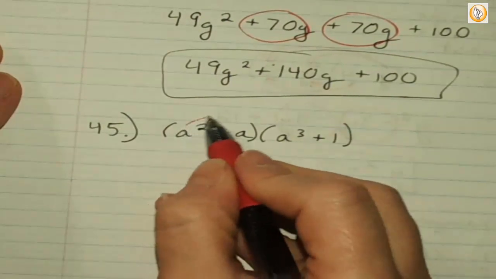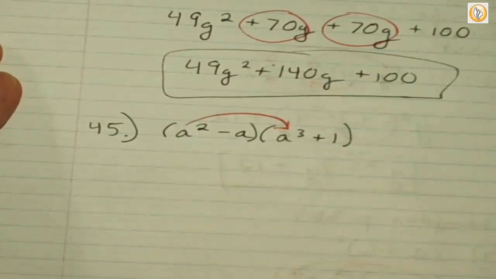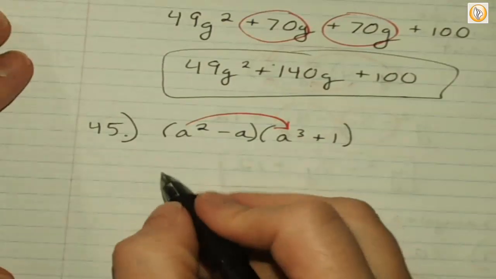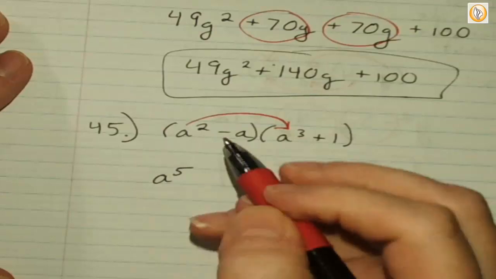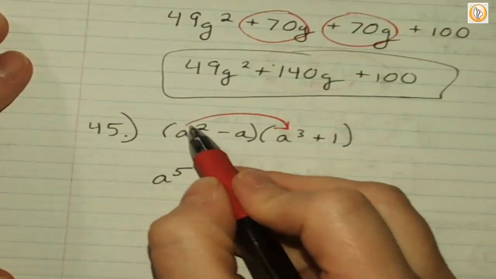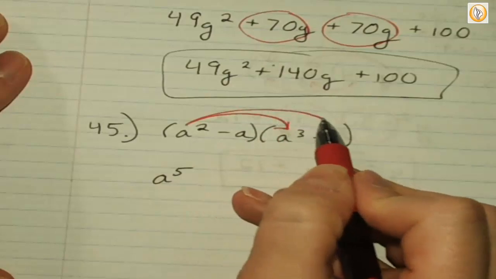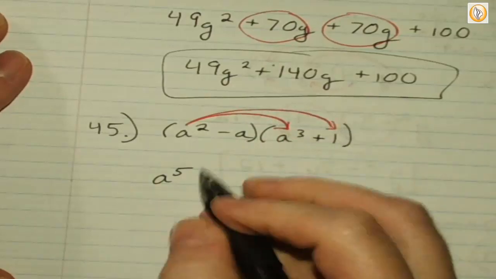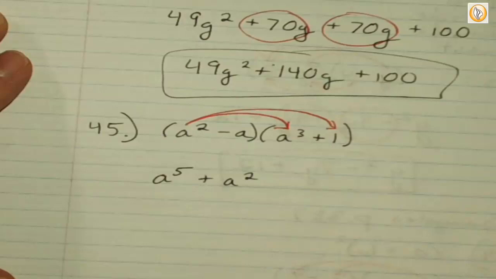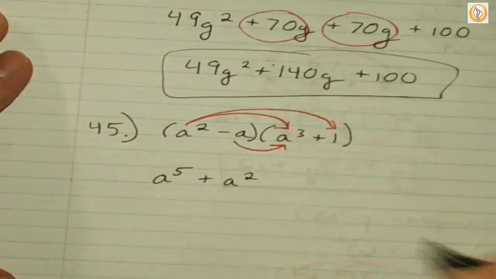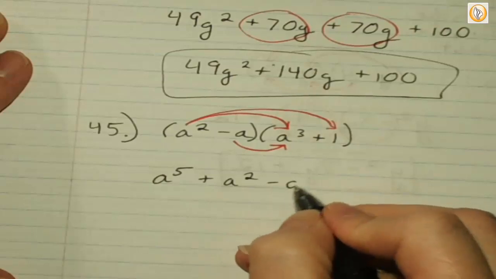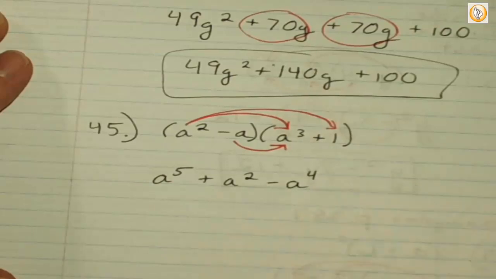Emily, what is a squared times a cubed? Very good. A to the 5th power. Taylor, what is a squared times 1? Aiden, what is negative a times a cubed? Negative a to the 4th power.